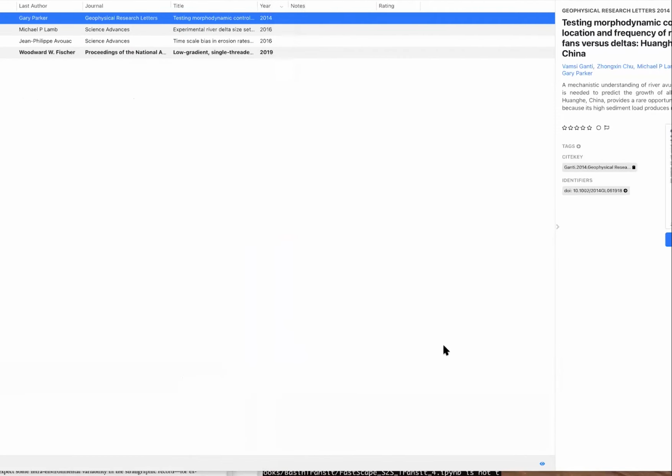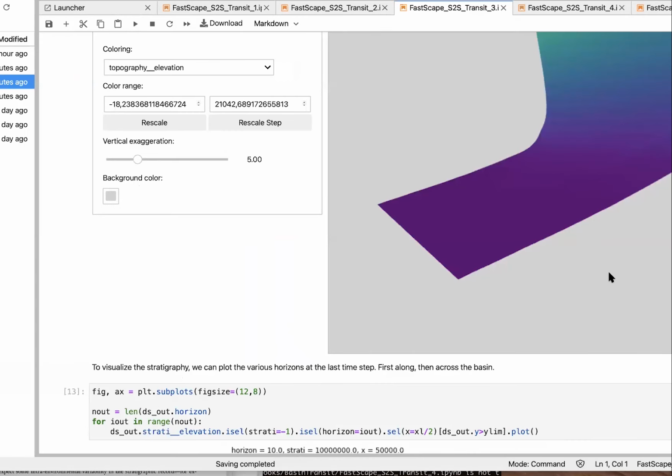Yeah, this profile, that's what you're talking about? Yes. This is a profile that I got to try to reproduce the theory that I showed you.